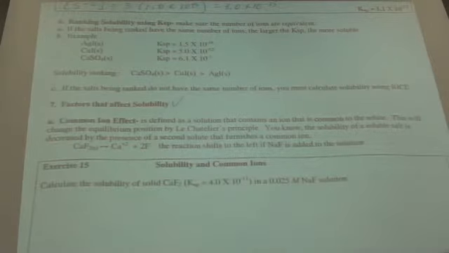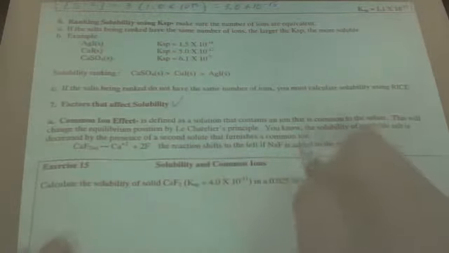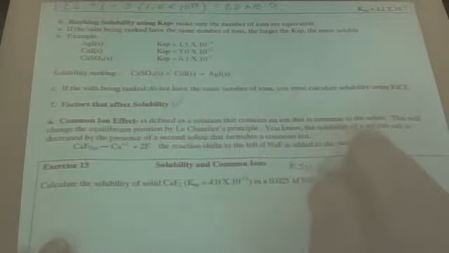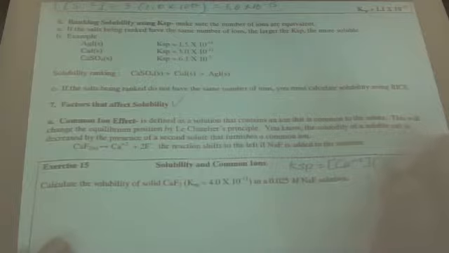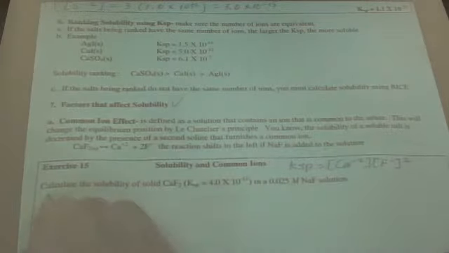Calculate the solubility of solid CaF2 in a 0.025 molar sodium fluoride solution. All right, I already wrote my equation. My KSP will be the calcium ion times the fluoride ion raised to the 2nd power.